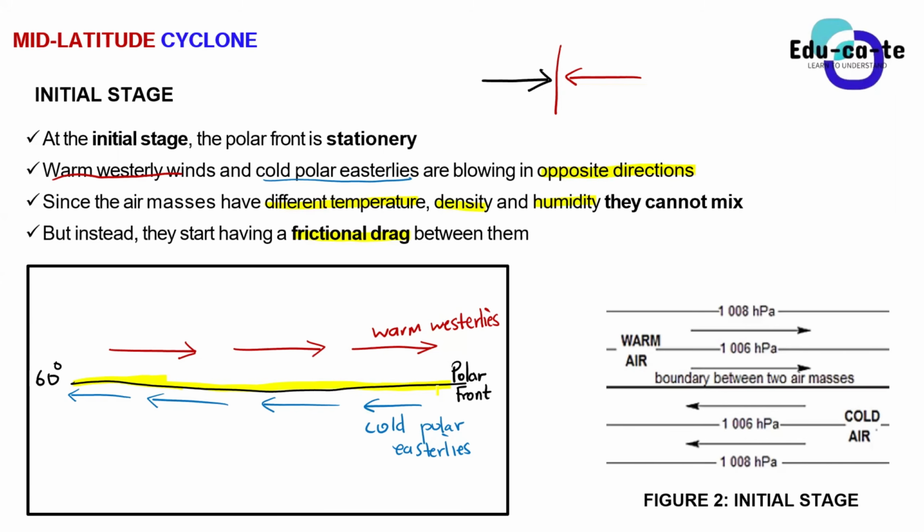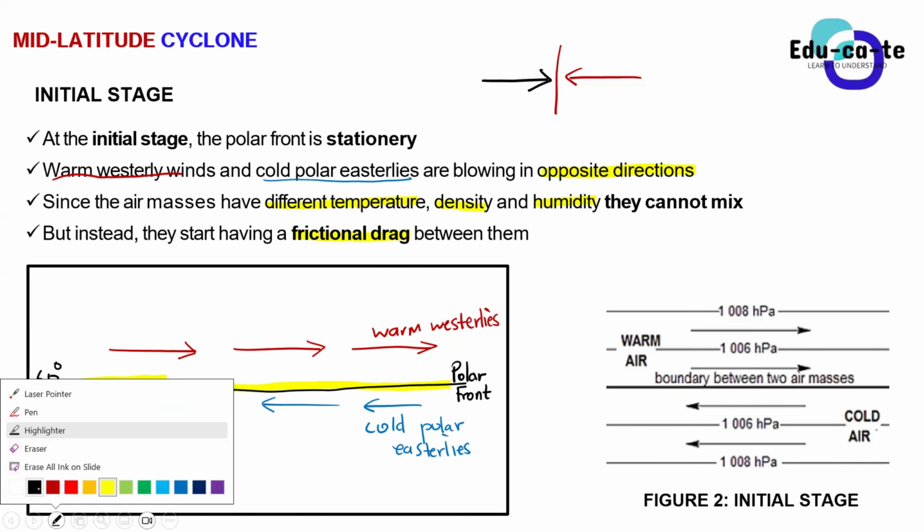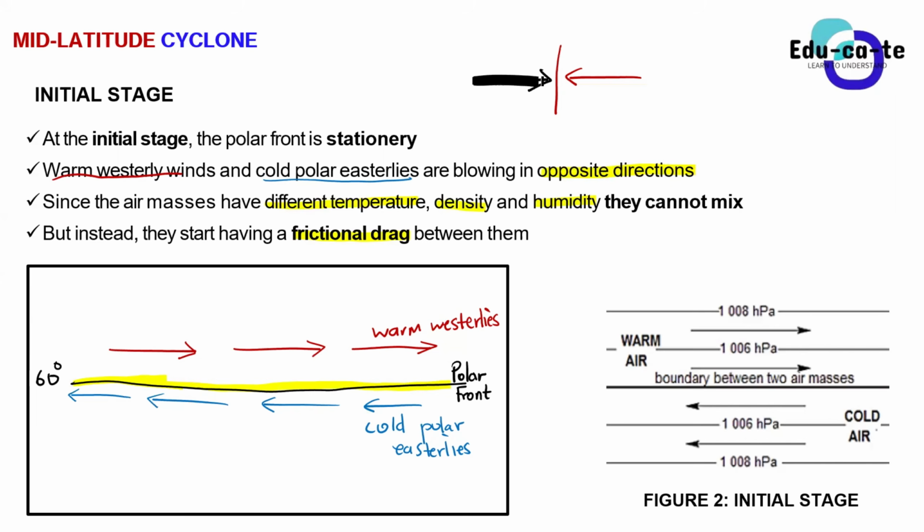It's like two people that are colliding. Let's just say, using this black arrow, this person here is trying to go that direction, but this other red person here is trying to go this direction, and all of them are pushing each other to go where they want. So do you see that there's a fight between these two air masses because they cannot mix with one another?